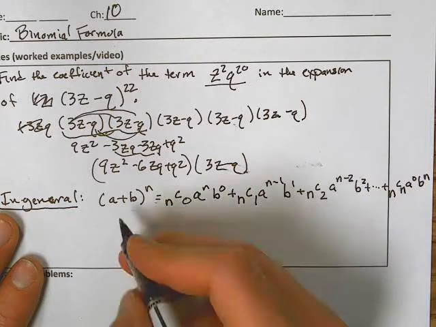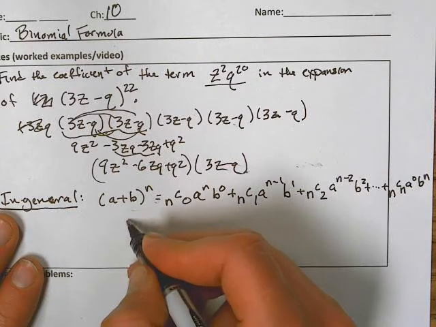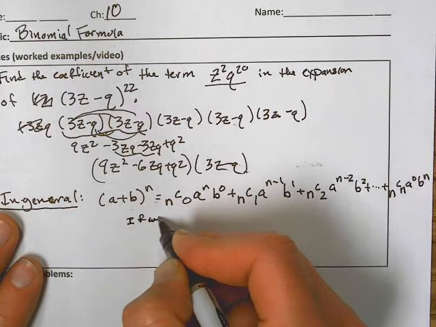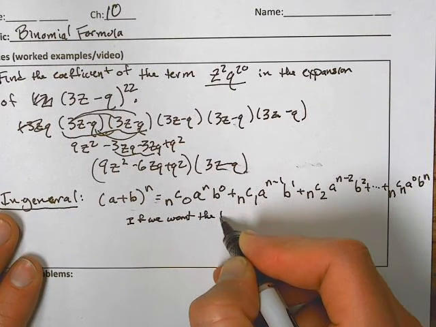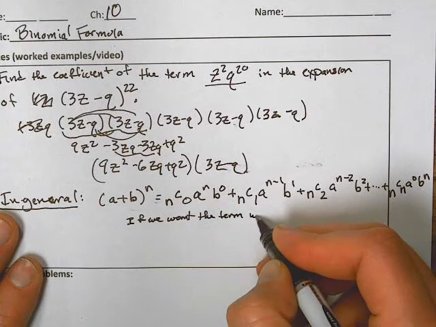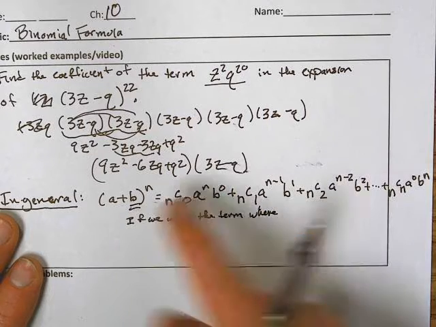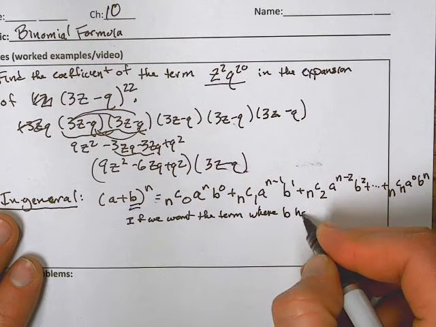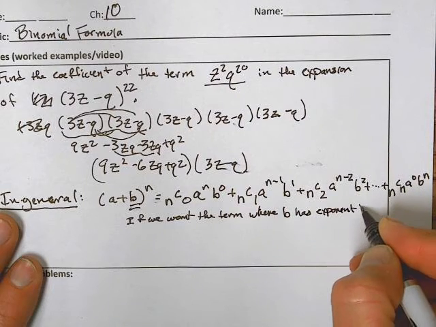If we just look at one specific term, let's say we want the term where that second term, b, has exponent r.